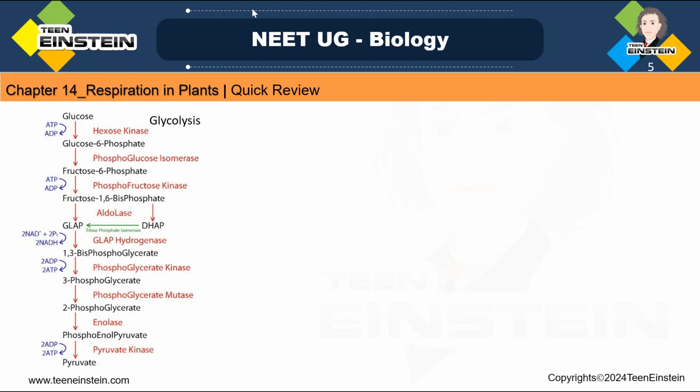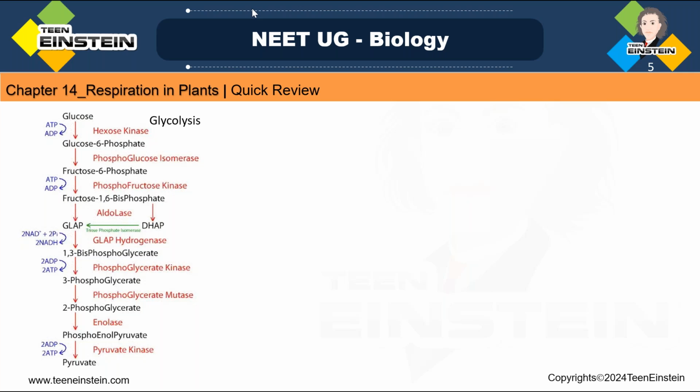So here we need to write pyruvate. Pyruvate is a 3-carbon compound. Pyruvate plus NAD plus coenzyme A, in the presence of which enzyme? Pyruvate dehydrogenase.